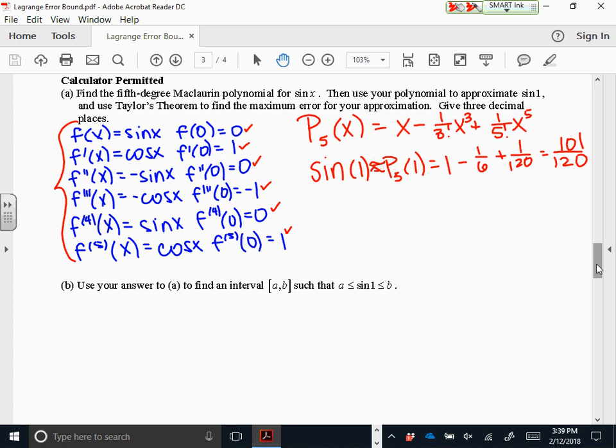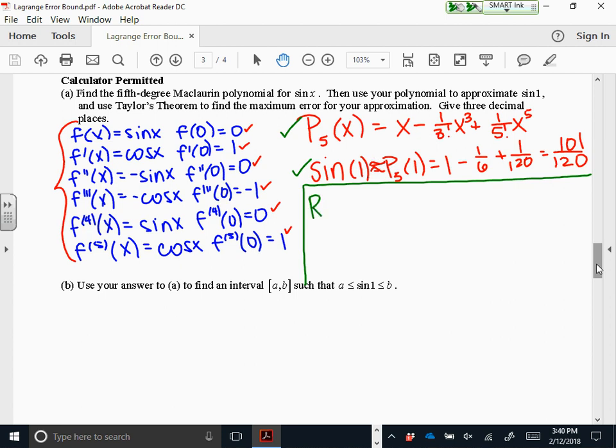So 101 over 120. Now I want the Lagrange error bound. If I'm using our fifth degree Taylor polynomial to approximate the sine of 1, how different is that going to be from the actual value of sine of 1?